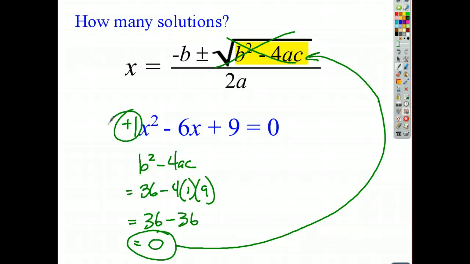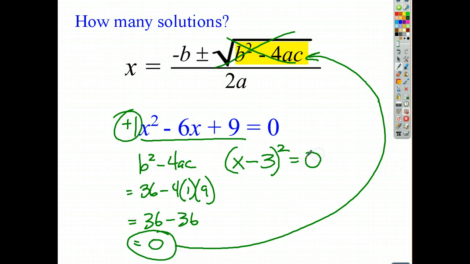And if you think about it, look at this. If you look at x squared minus 6x plus 9, I'm hoping you might see that this is a perfect square. All right, so you can do x minus 3 is equal to 0, so x is going to be equal to 3. Okay? And it's only going to be one solution.